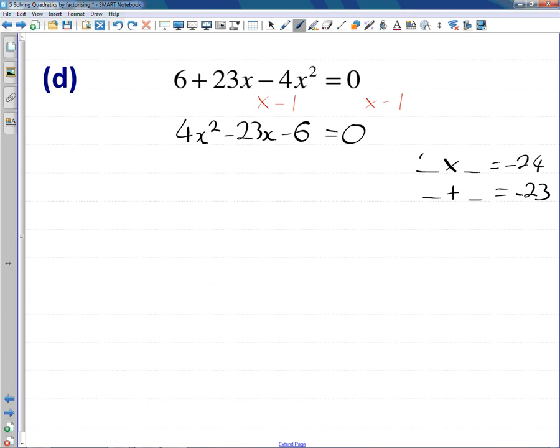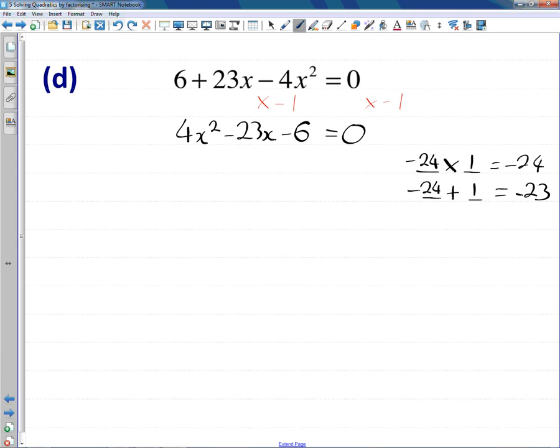Clearly it should be 24 and 1 in some way, because we can imagine that giving 23. It's all a question of where to position the negative. Negative 24 is very flexible. Frankly, it doesn't care where you position your negative. It's just this one here that cares a little bit more, and indeed you want to position your negative on the 24.